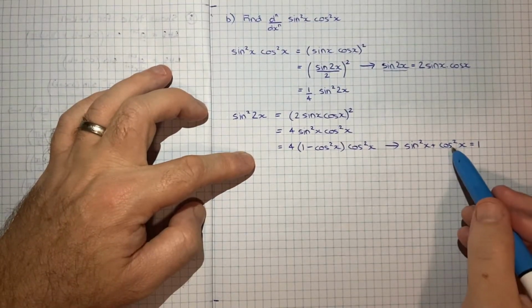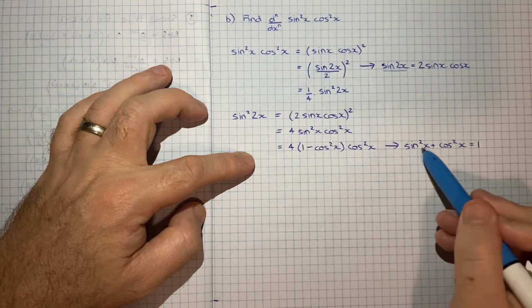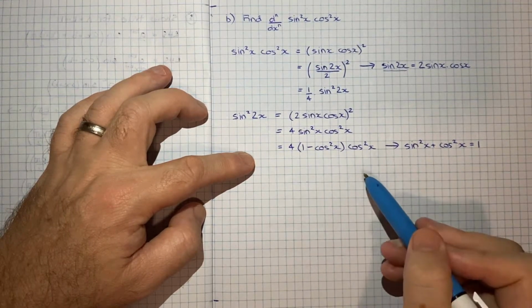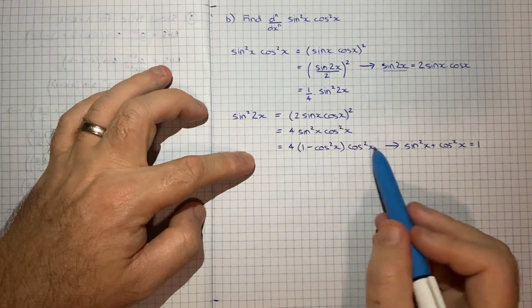So I've brought the cos²x over to get sin²x by itself and then inserted that. So now I'll just expand that out.